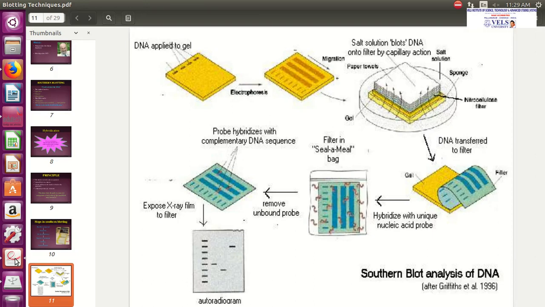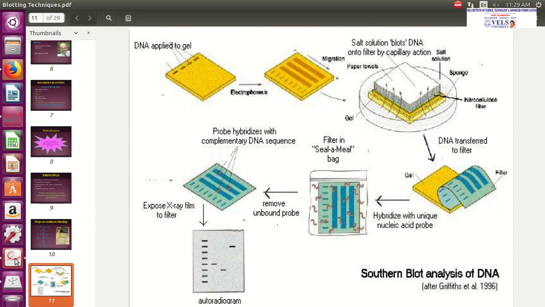After the electrophoresis has been done, it will be moved on to the salt solution to blot the DNA. Here is a petri dish which contains salt solution.